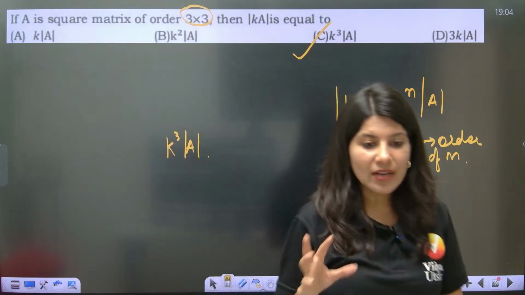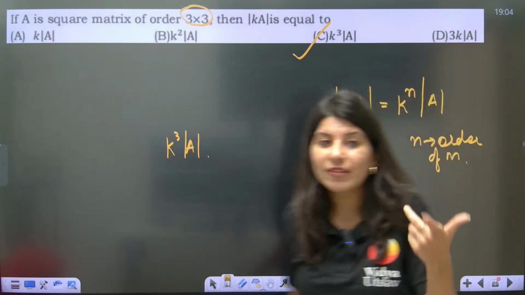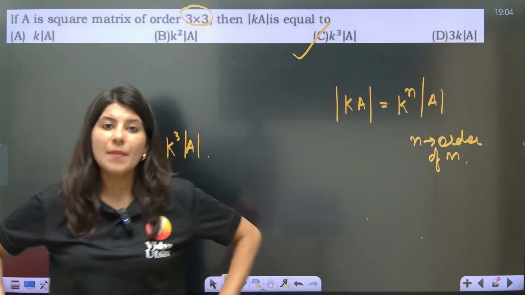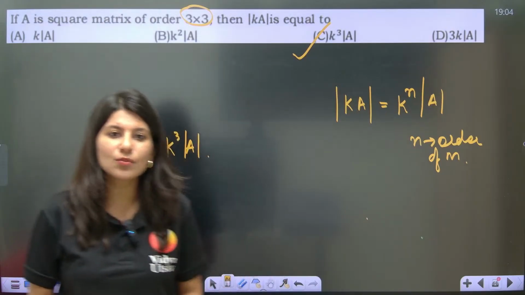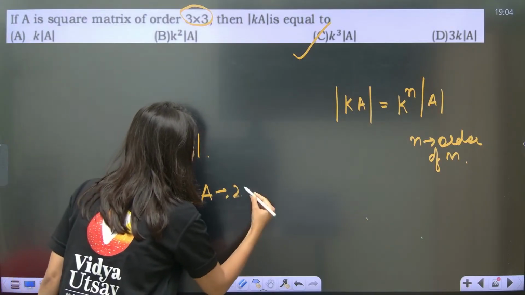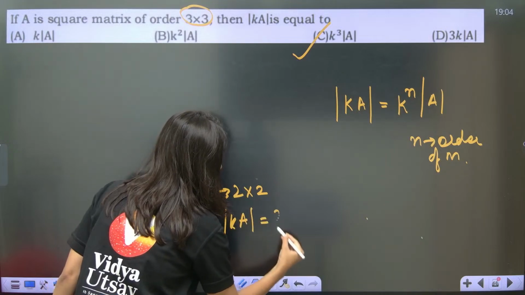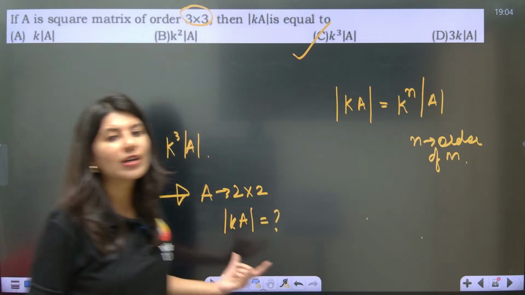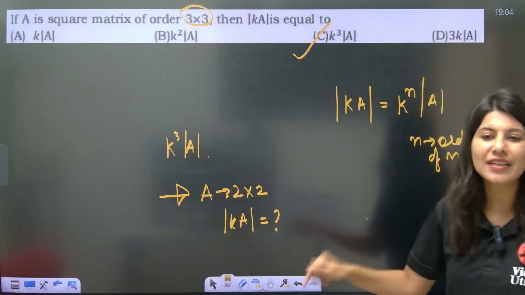Now just tell me one thing. If at all the question is slightly modified. Now some of you are asking, ma'am, will the question come from this? Yes, the question will come from this. What they can do is, in the next question, they can ask you, A is a 2 cross 2 matrix and tell me what is determinant KA. Okay, if they slightly modify it, then what will you say? Ninja ma'am didn't teach you? No, Ninja ma'am is teaching you right here, right now.